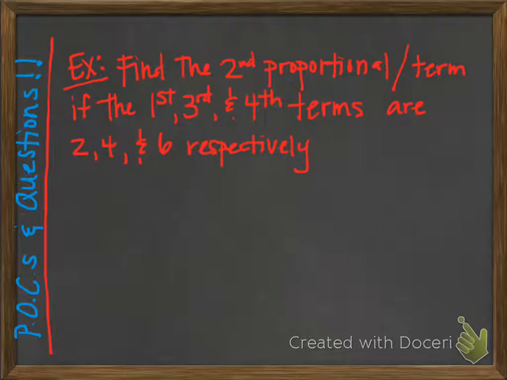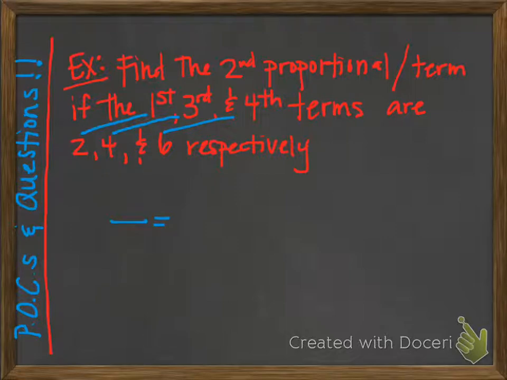Okay, so now let's try an example using some of our new vocabulary. It says, find the second proportional, or second term, if the first, third, and fourth terms are 2, 4, and 6 respectively. Respectively just means that you keep the order. So the first term is 2, the third term is 4, the fourth term is 6.